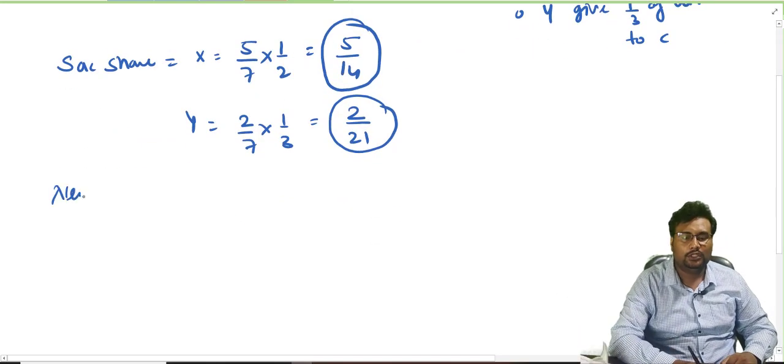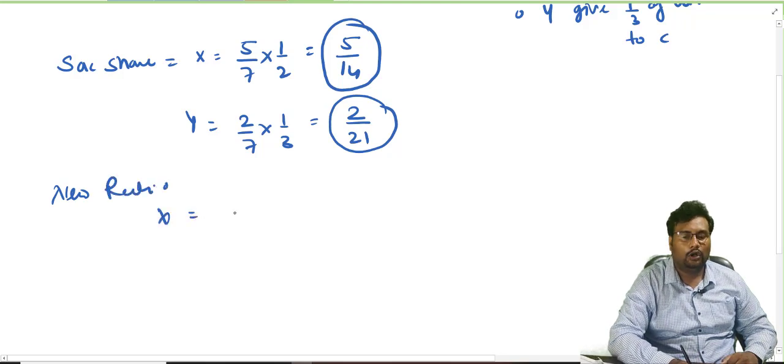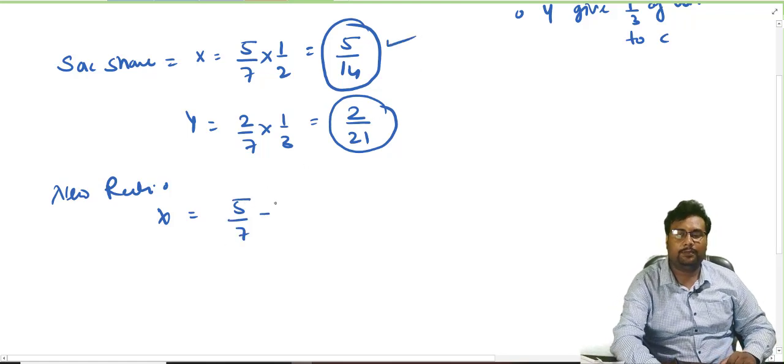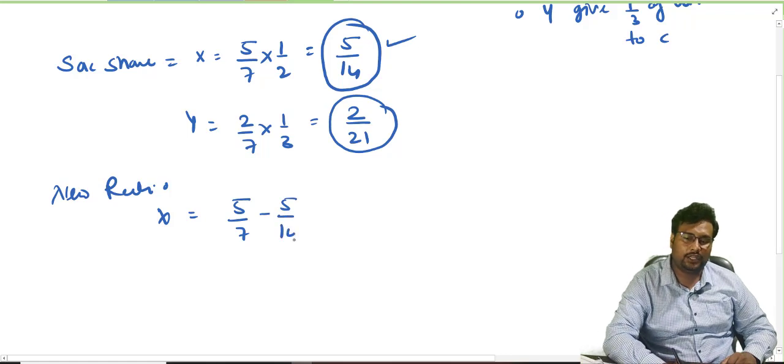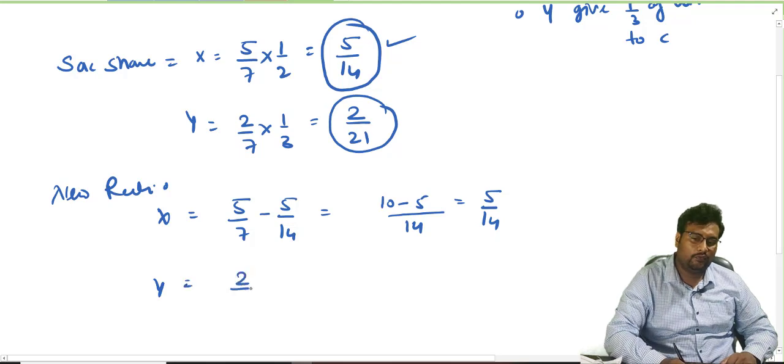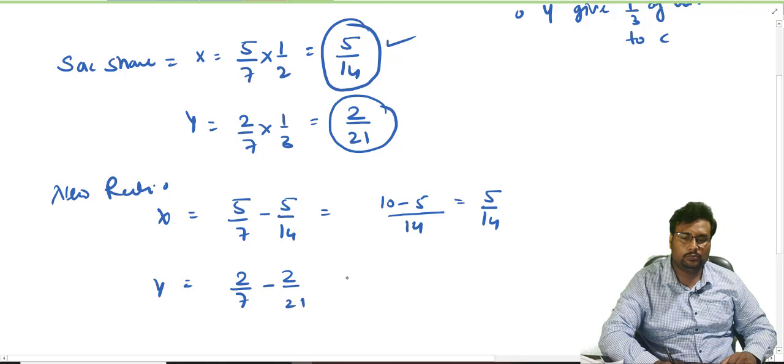So now find out the new share of each and every partner. X's old share is 5/7. Out of 5/7, he gave 5/14. LCM will be 14. 7 twos are 14, 10 minus 5 is equal to 5/14. For Y it will be 2/7 minus 2/21.